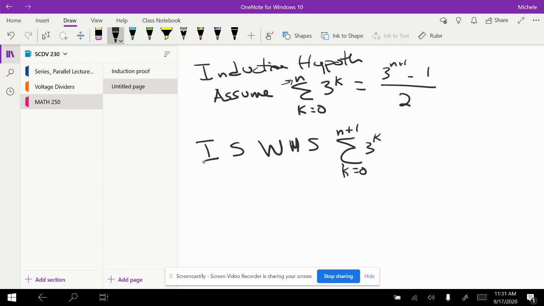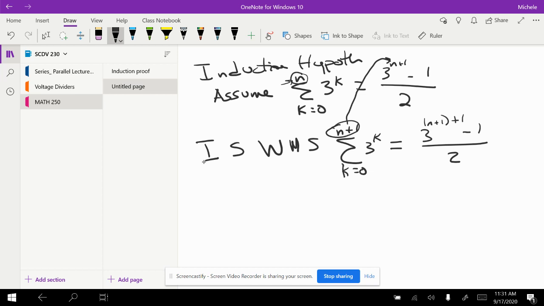So the sum of 3 to the k is equal to 3 to the n plus 1 plus 1 minus 1 over 2. I'm taking this and plugging it in right here. So here it just went to n, and now I'm saying it goes to n plus 1. And so that's what we wanted to show.